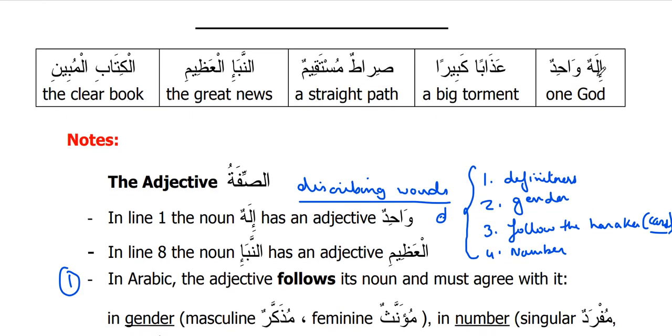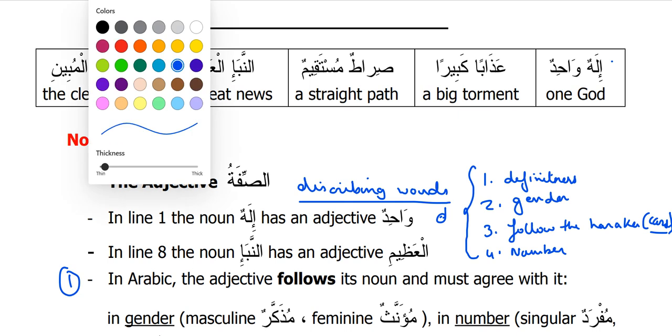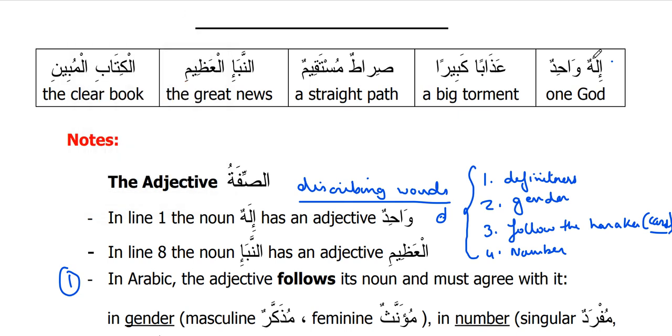Now in this table, you see the first line has ilahun wahid. What is the noun? How can you see the noun here? The noun has a tanween, and that means it's nakira. And the sifa following this noun also has a tanween.